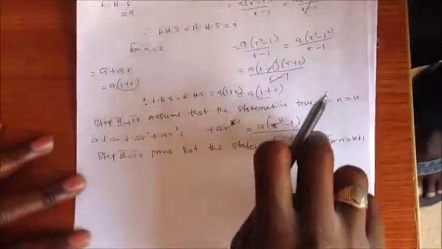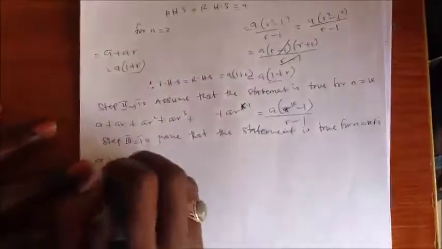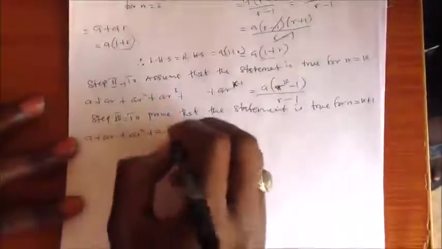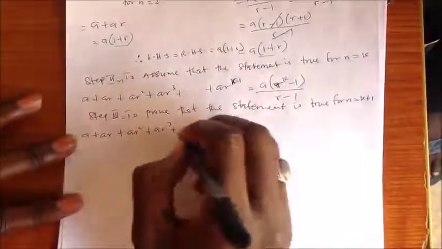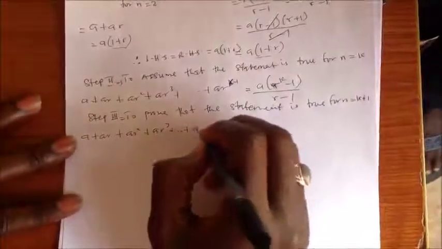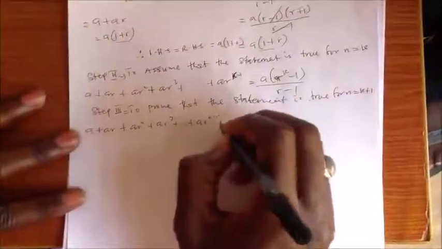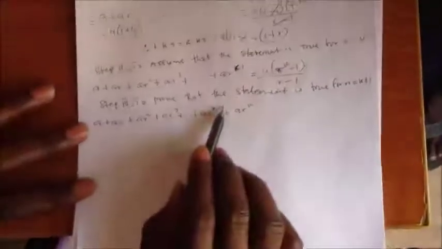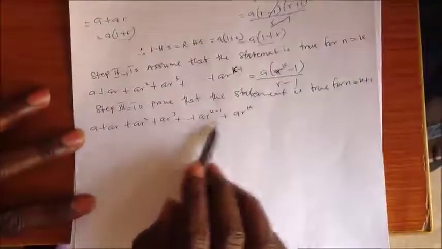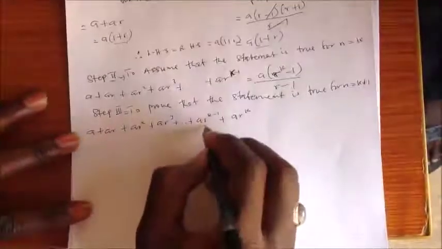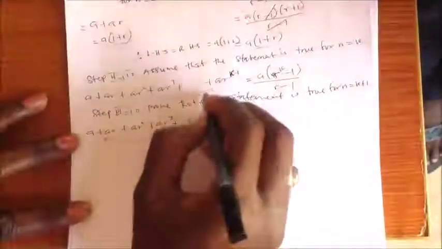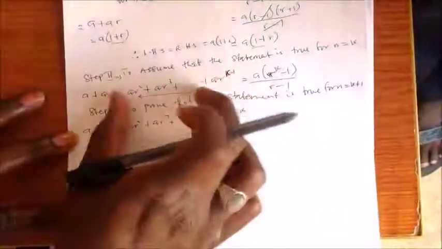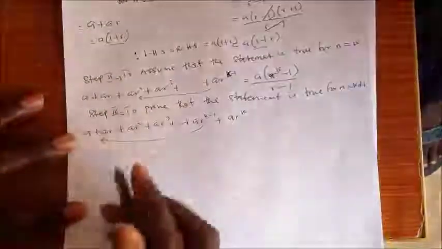Then we need the next term after, which is the k plus 1 term: ar squared plus ar cubed plus dash dash dash plus ar to the power k minus 1 plus ar to the power k. If you add 1 here, it will only be k. That is our next term. Now, if you look at this place to this, they are all equal, so we can easily remove this and replace it by this in our expression.